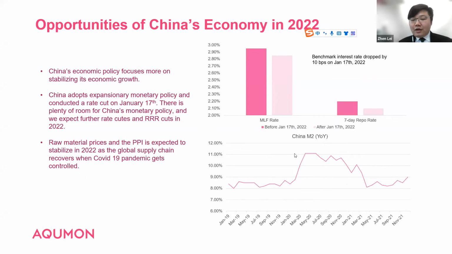So we can see that there is plenty of room for China to adopt an expansionary monetary policy and create more money to deal with its economic slowdown. And also raw material prices and the PPI is expected to stabilize in 2022 as the global supply chain recovers when the COVID-19 pandemic gets controlled.